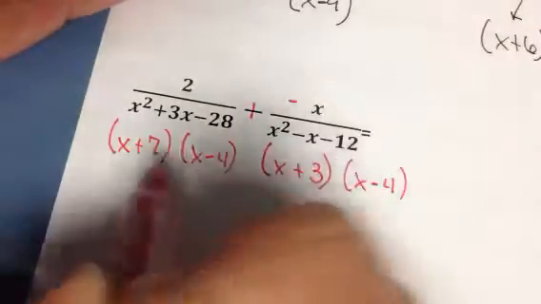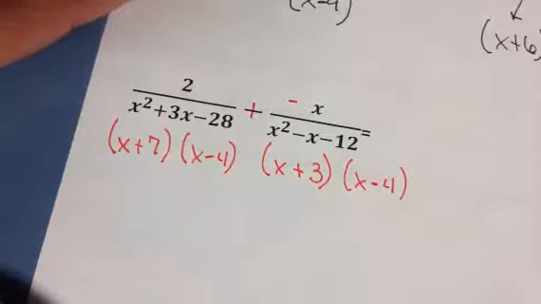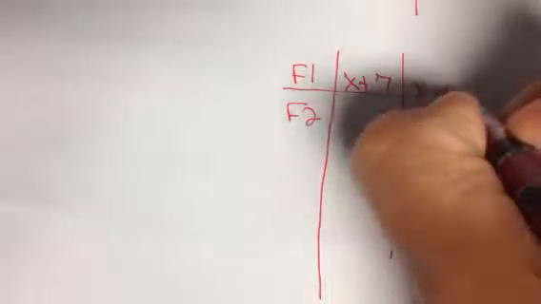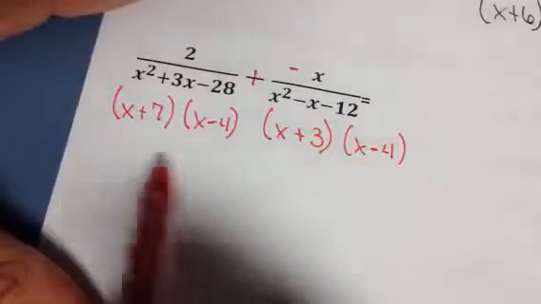So at this point, comparing this one to this one, some of you see that least common denominator. If you don't, that's okay. What I'm going to do is just come over here, make my little fraction table, fraction 1, and fraction 2. And fraction 1 has an x plus 7 and an x minus 4.